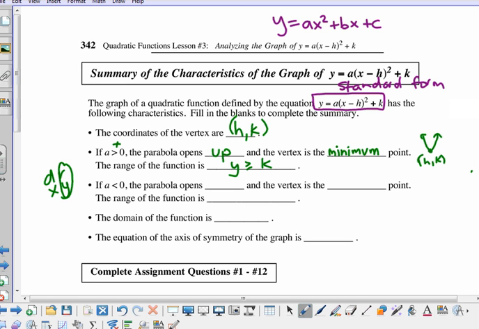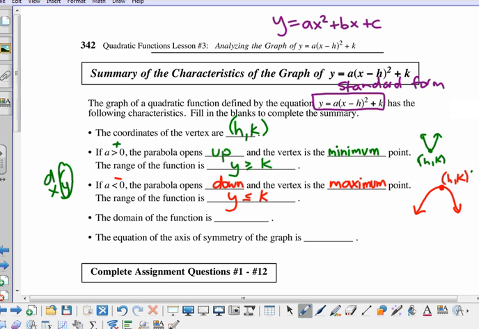Okay. What does it mean if a is less than 0? It's negative. It's opening down. Therefore, it would have a maximum. So this time it would look like this, and this is (h, k). And this time, what would your range be? Instead of y greater than or equal to k, it would be y is less than or equal to k.